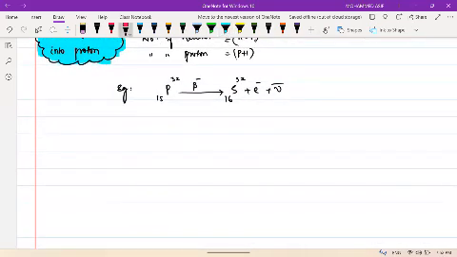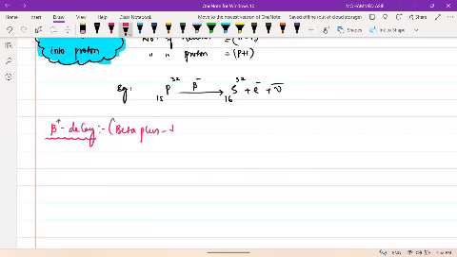Next one is beta plus decay. In beta plus decay, N by P ratio is lesser than 1.